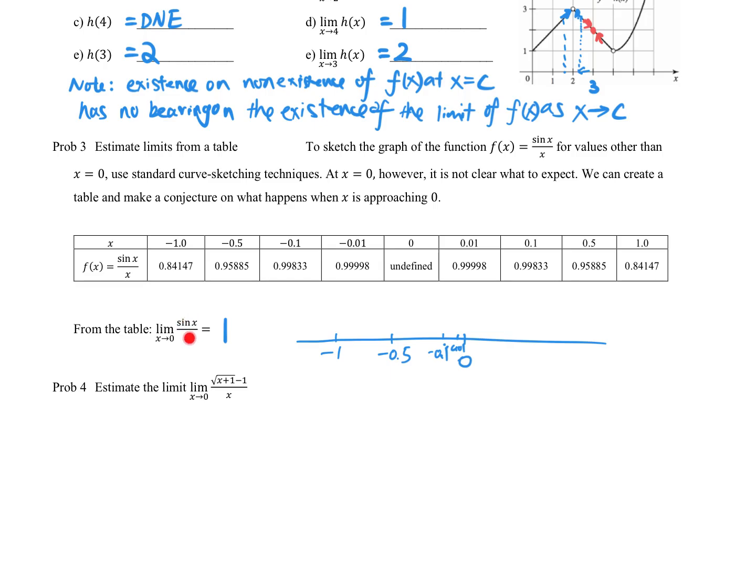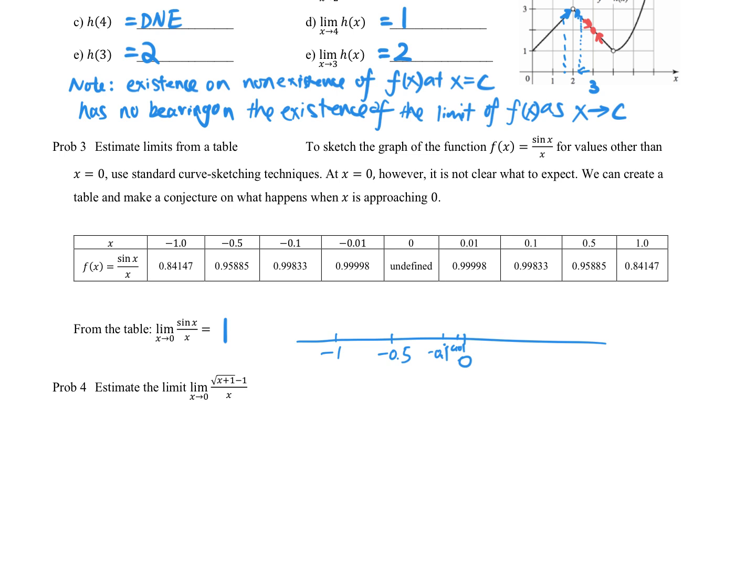So that's how we estimate limits from a table. Sometimes these estimates are reasonable, and we have faith that this is likely to be the case, right? So we just trust our conjecture at this moment.